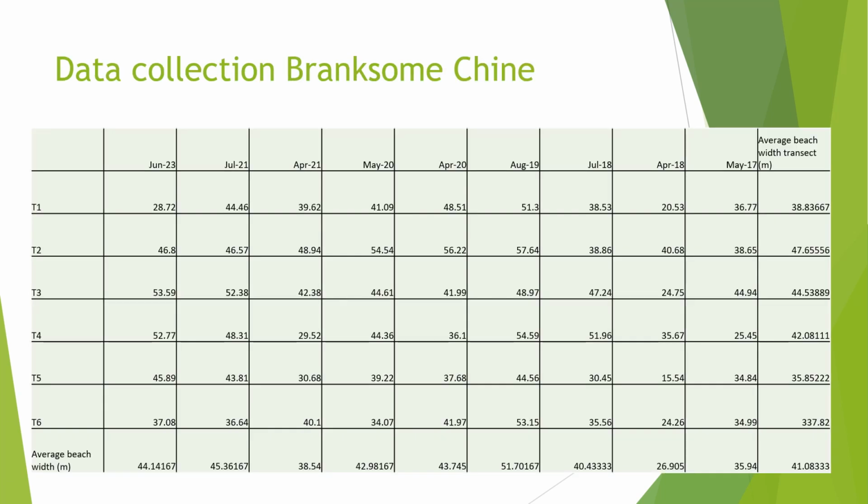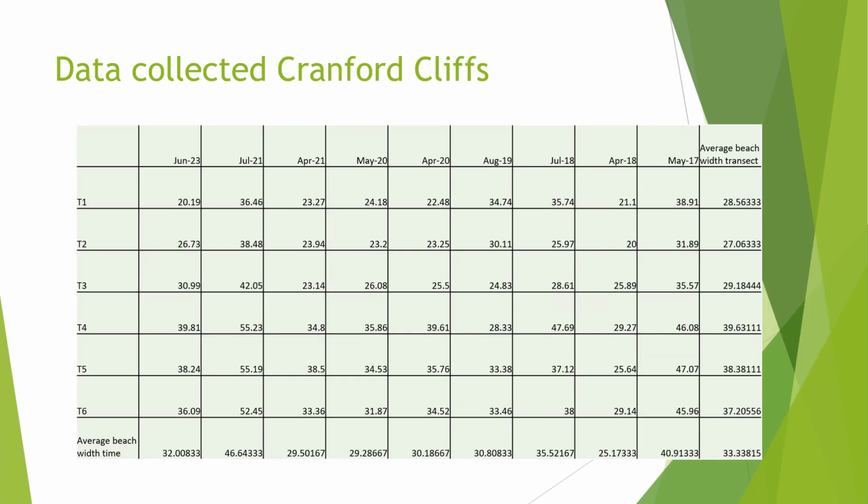So this was the first table that I set up from Branksome Chine, so it's just where I measured it, and I got the averages at the bottom of the average beach width for that beach, for that time, and then on the right, the average beach width for each transect, so how much that transect changed. I did the same here for Cranford Cliffs, so you can see at the bottom.